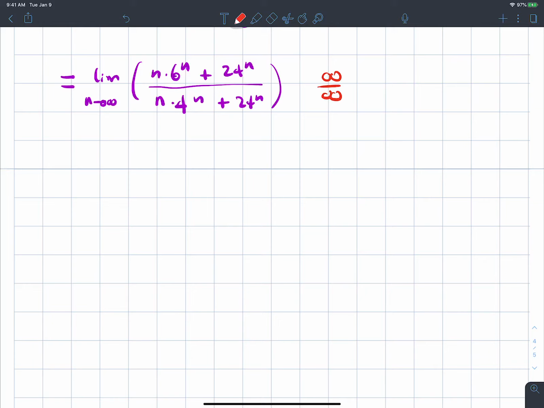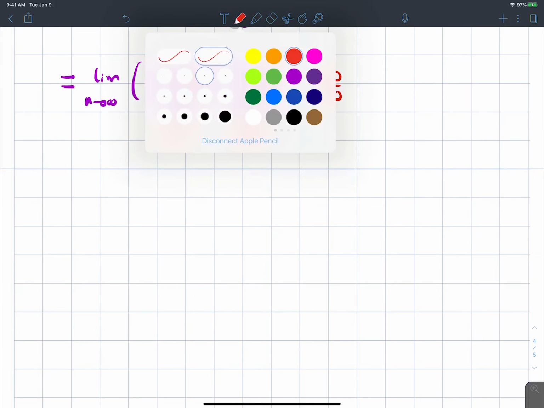Now, here's what we're going to do. We're going to use the same approach that we did before in the calculus setting, meaning we're going to divide every term by that 24 to the nth power here. So every term: 24 to the n, 24 to the n, 24 to the n, and then 24 to the nth power.